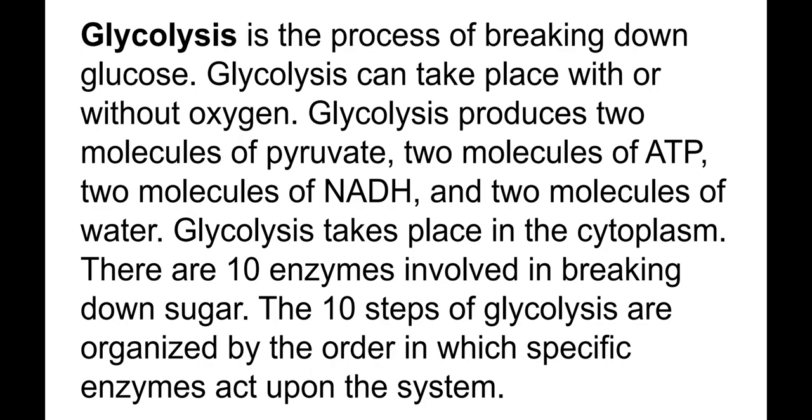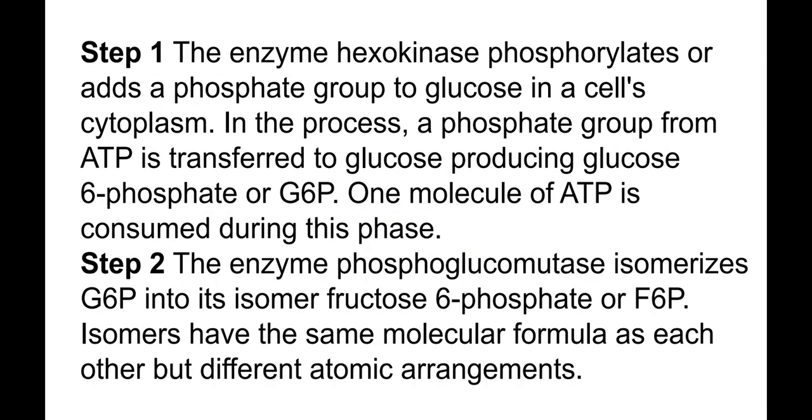Okay, as I said, glycolysis takes place in the cytoplasm, and altogether 10 enzymes are involved in breaking down sugar, and these 10 steps of glycolysis are organized in such order that specific enzymes act upon the glucose.